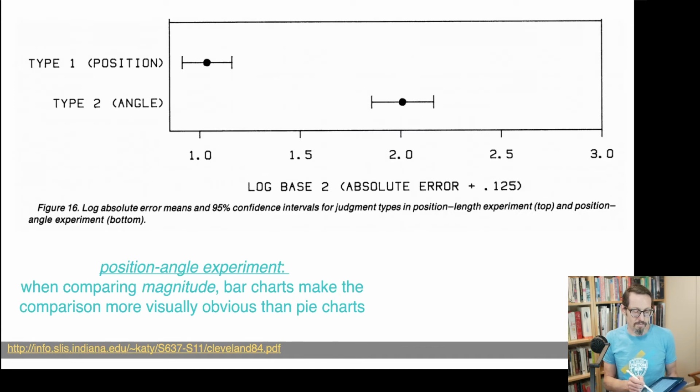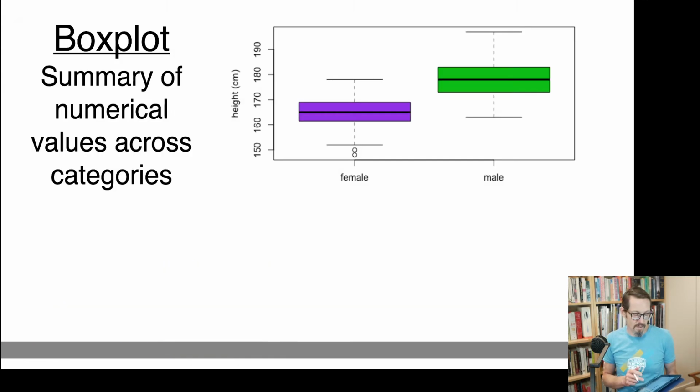So this is a box plot, okay? Or it's one form of a box plot. A box plot shows us how variable a given measurement is, okay? So for women, females, it looks like the most common height is in the neighborhood of 165 centimeters.